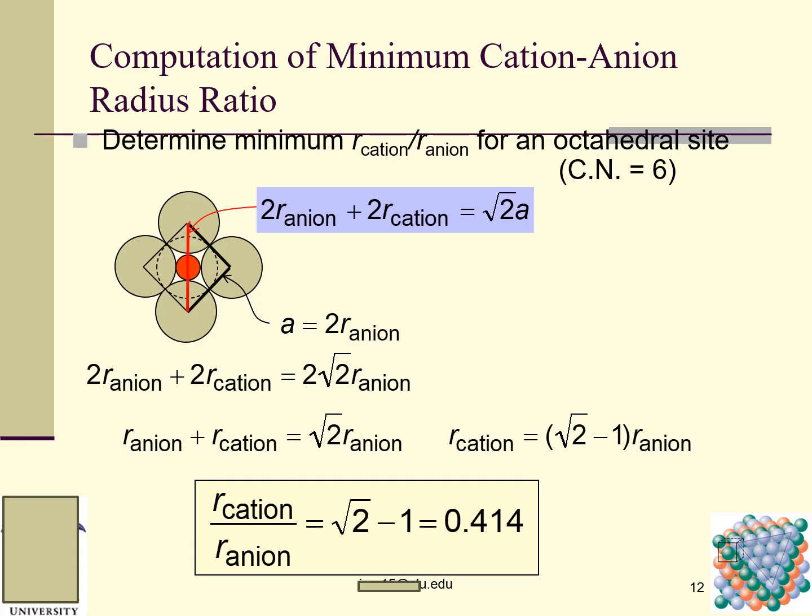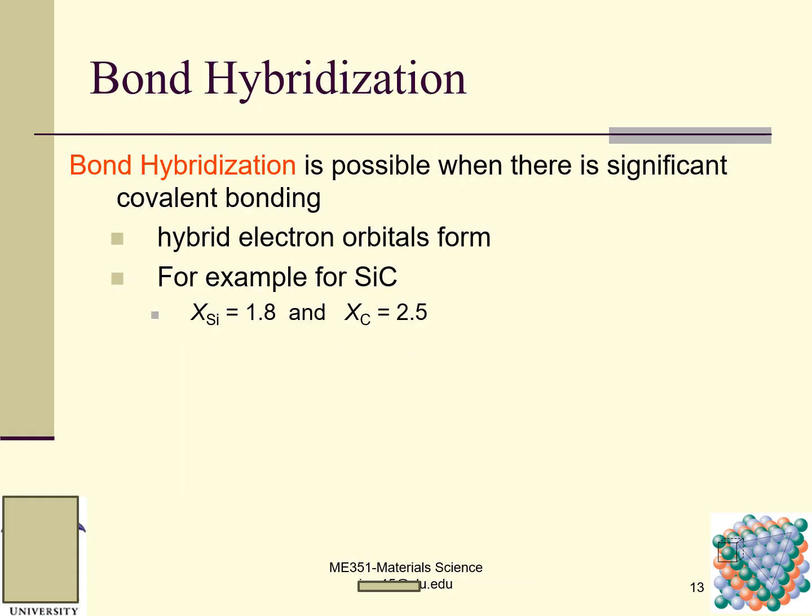No question? On bond hybridization. Bond hybridization is possible when there is significant covalent bonding, not just ionic, but also covalent bonding. So hybrid electron orbitals form. For example, silicon carbide.